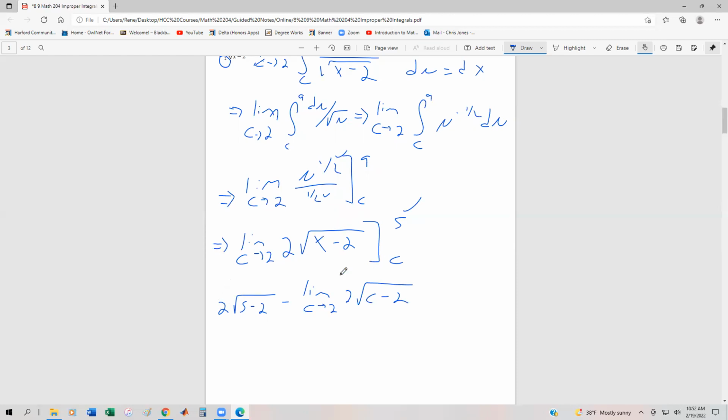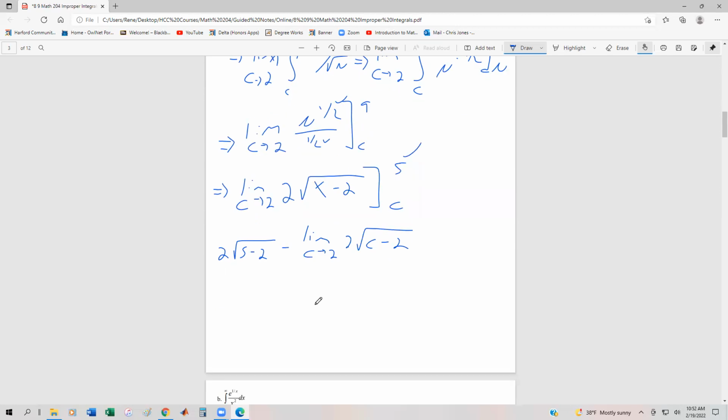The first part works out to 2 roots of 3. And if I directly substitute 2 back in, because now it's within the domain, we have 2 roots of 2 minus 2, which is just 0. So ultimately, our answer is 2 roots of 3.